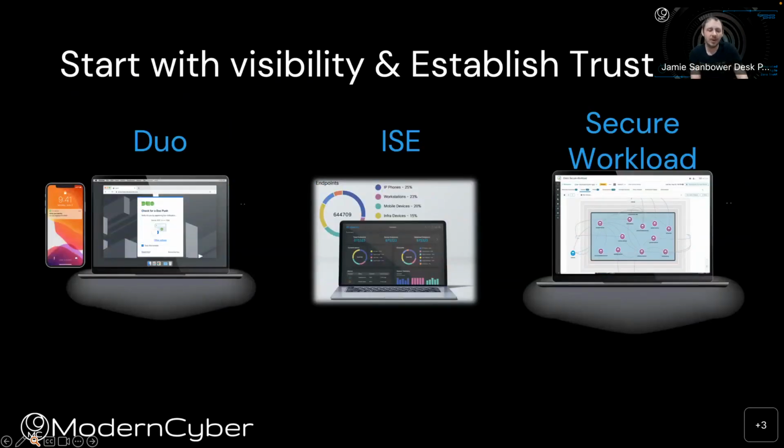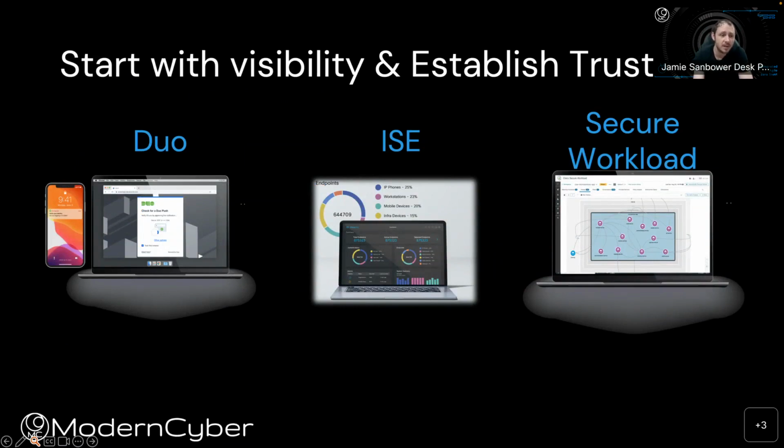Now, this is where I wanted to start jumping into some of the Cisco technologies and talk you through where they're going to help significantly as a part of this process. While we've talked about getting information and starting with visibility and establishing trust, one of the key things to do that is, how do I understand user and device trust?